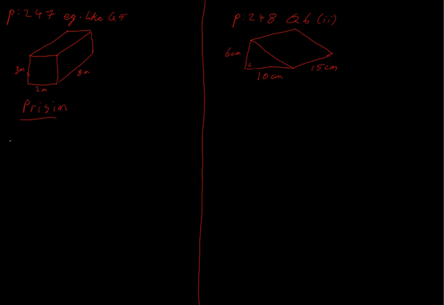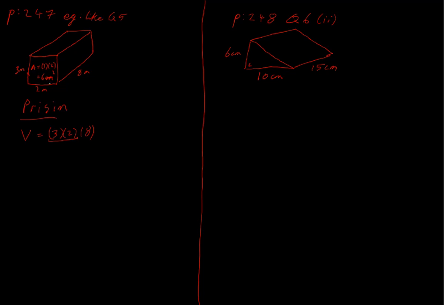So we're used to thinking from the last day of the volume of our box as 3 by 2 by 8, so length by width by height. But if we look at this 3 by 2 here, that would be the area of the shape of our end rectangle there. So 3 by 2 would give us 6 meters squared.